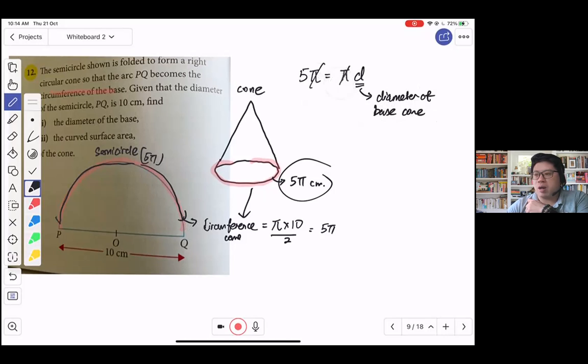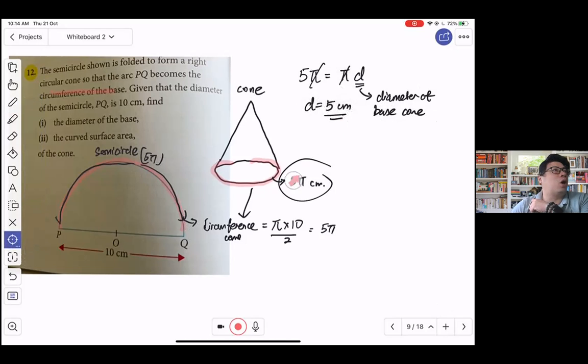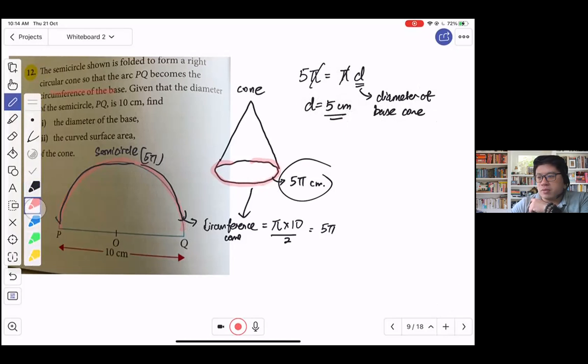So dividing by pi on both sides, it will tell you that d is just equal to 5 cm. Okay, so the diameter of the base of the cone is equal to 5 cm. So that's the answer for part 1.